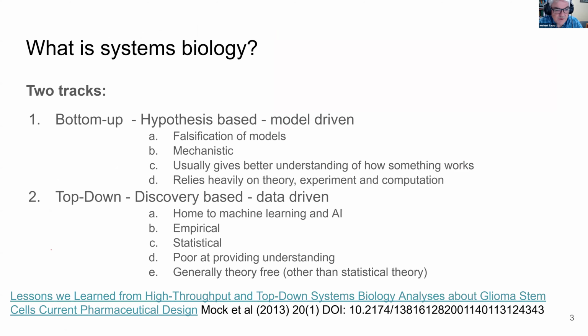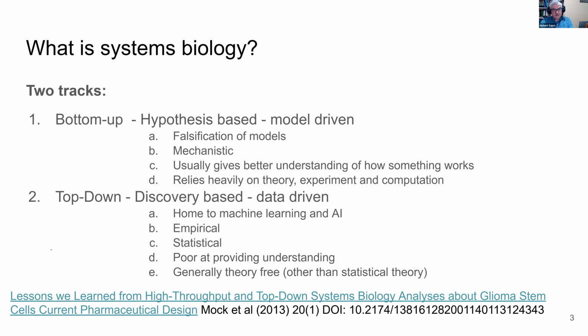This is basically me summarizing some of the things I just said. So bottom up is basically hypothesis-based, model-driven, right? It's driven by models. And if you have a scientific model, you can falsify it. So that's one of the characteristics. They're mechanistic. They involve actual proteins and molecules.